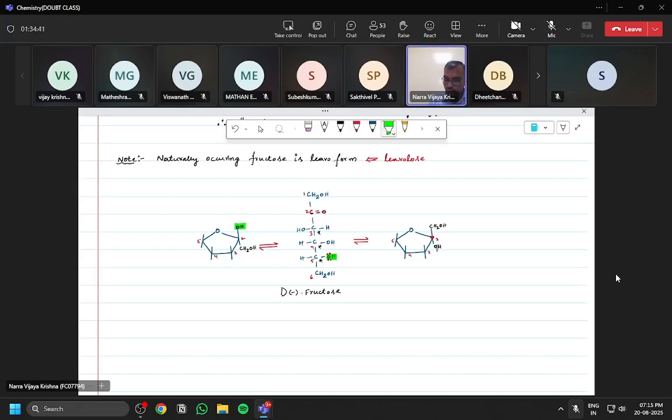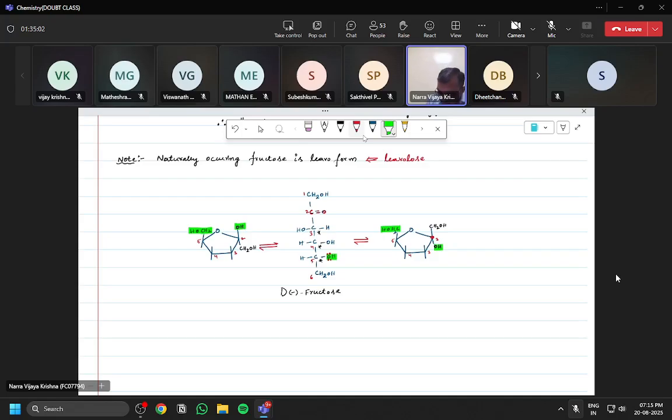Now this is the sixth carbon, CH2OH. Now the sixth carbon's group and the second carbon OH group: both opposite side means alpha form, same side means beta form.